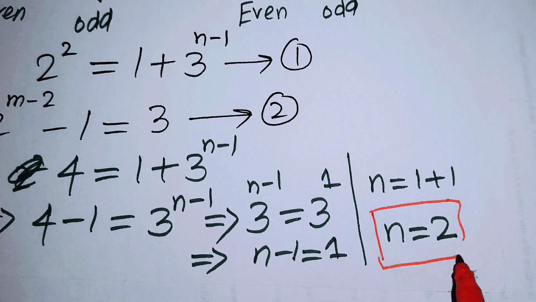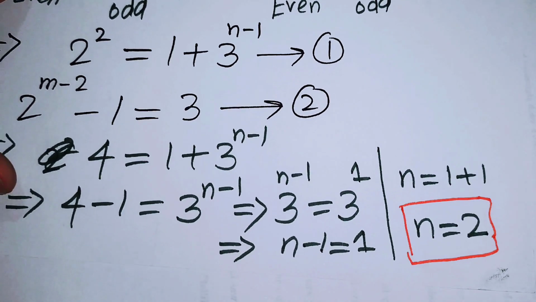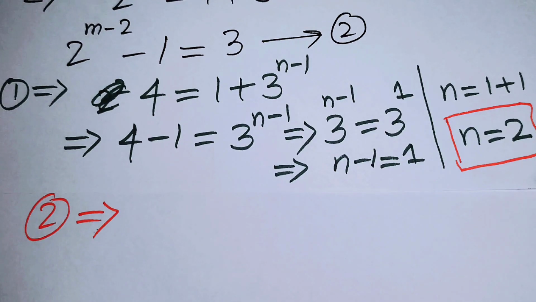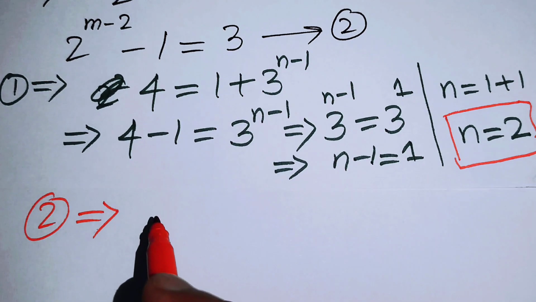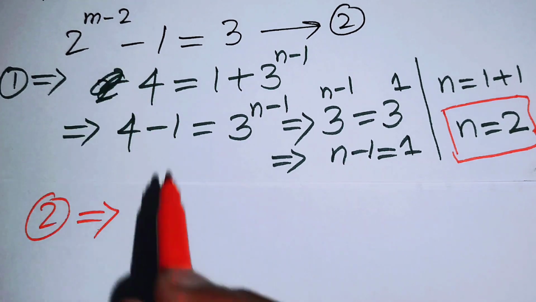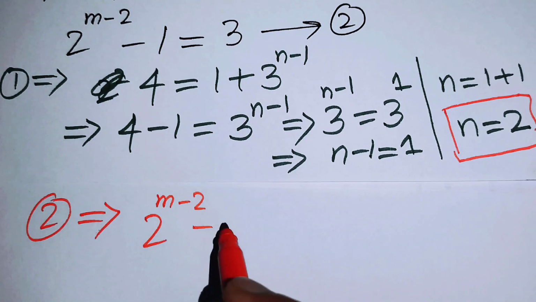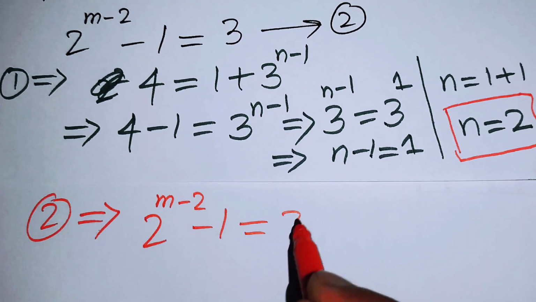And now we find the value of m. From equation number 2 we can find the value of m. Equation number 2 is written as 2 to the power of m minus 2, minus 1, is equal to 3.